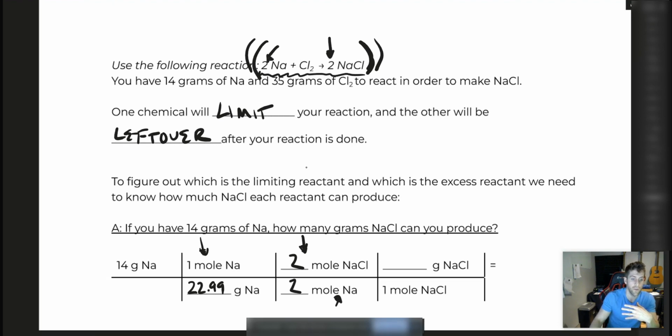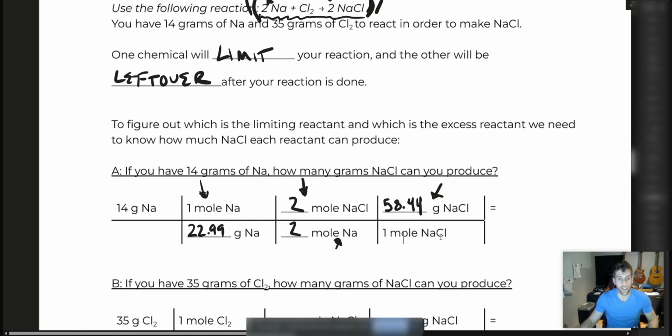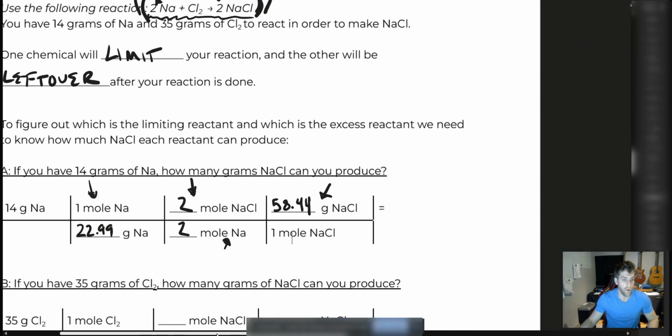So we lucked out, they're both equal. And then the last part here is how many grams are in sodium chloride? Well, if we looked on the periodic table and added these up, it would be 58.44 grams. Okay, there we go.